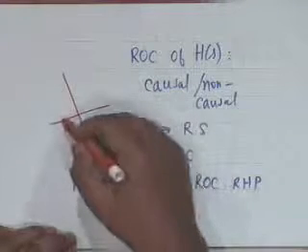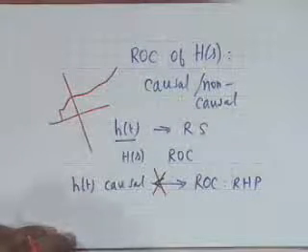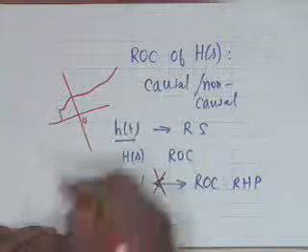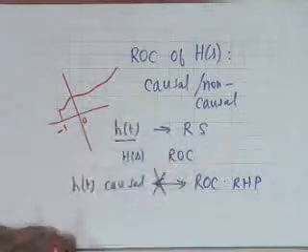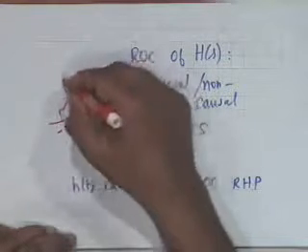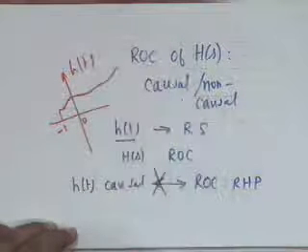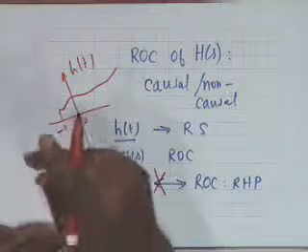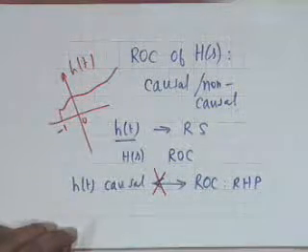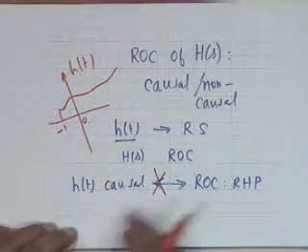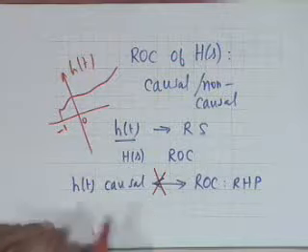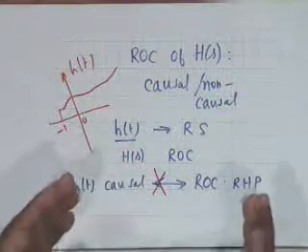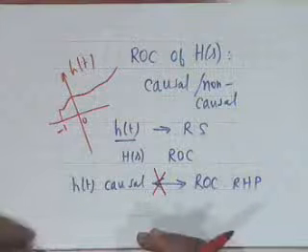Now, right sided, the function could start from here. Instead of from t equal to 0, the function could start from, let us say, minus 1. Obviously then, if this is h of t, h of t is not causal. Isn't that right? It is very easy to be misled here regarding causality of h. The reverse is not true. If the ROC is an RHP, you cannot immediately conclude that h of t is causal.